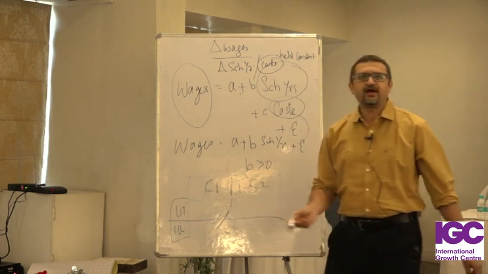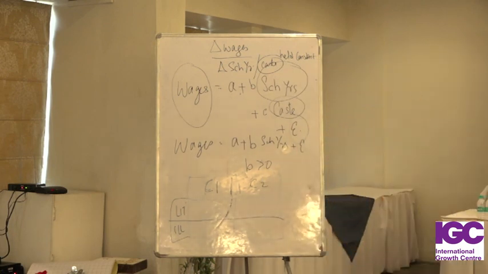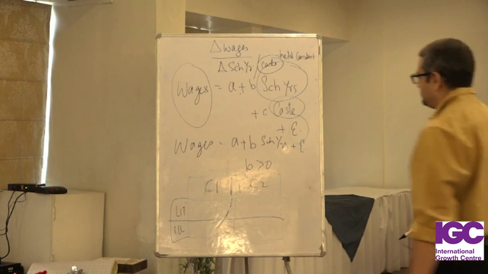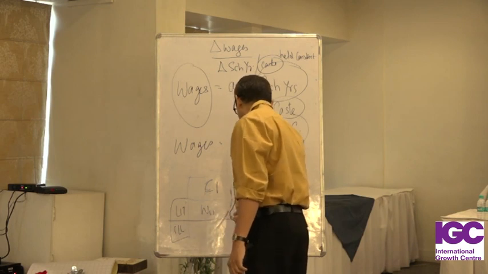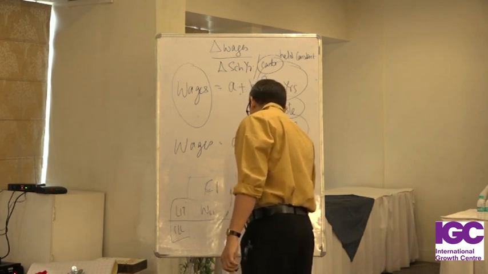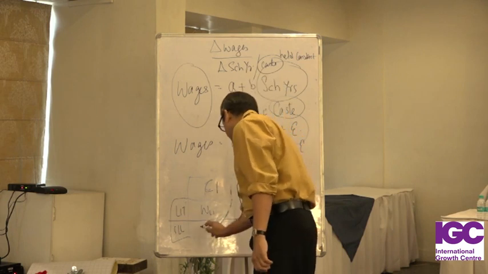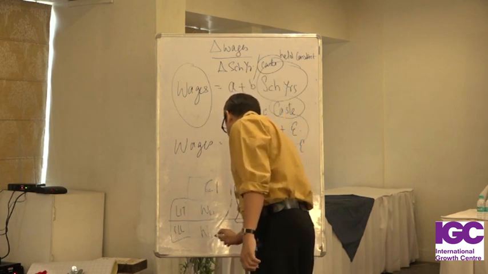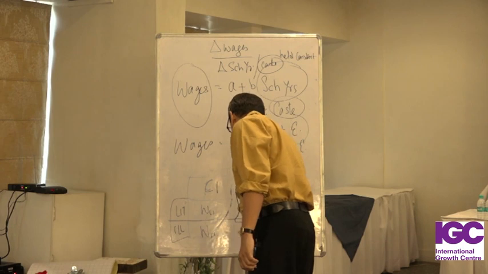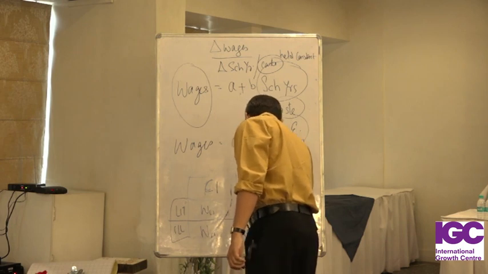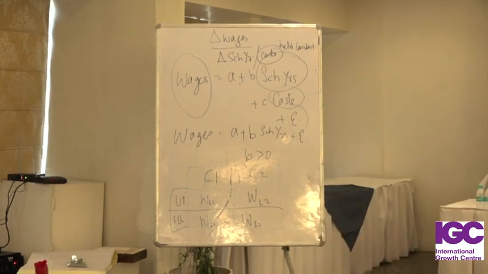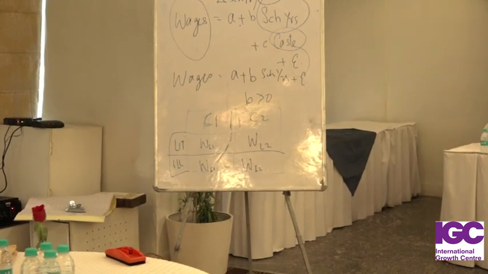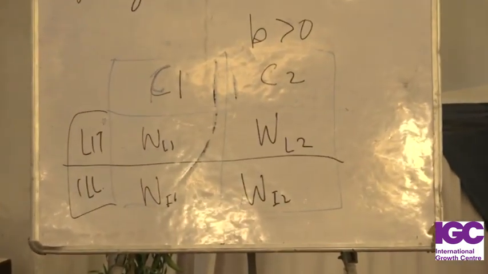So the data I have is the wages for all. Let's call these W literate 1, W literate 2, W illiterate 1 and W illiterate 2. So you have the caste, the literacy level, and the wages, all there.